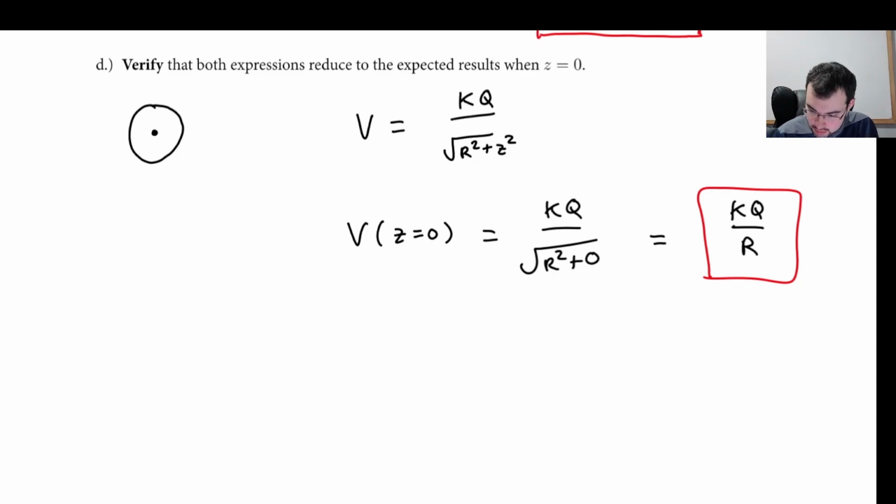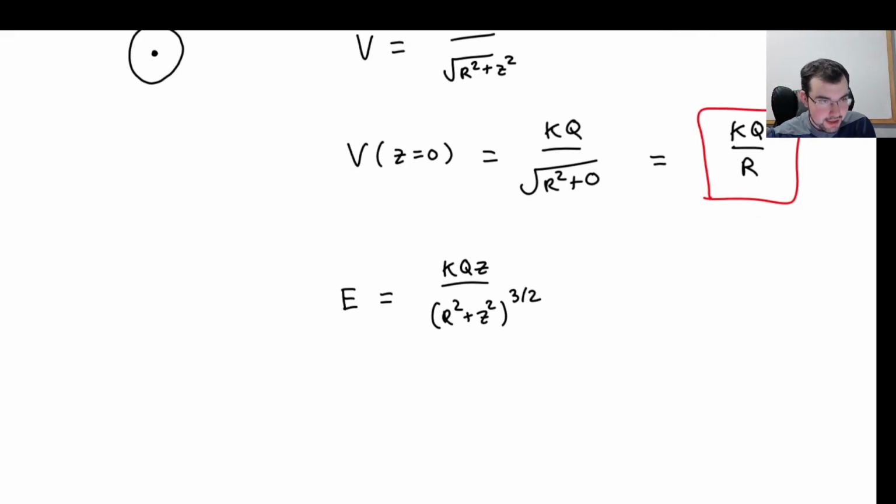And then we'll see that E works the same way, because we said that E was equal to kqz divided by (r squared plus z squared) to the 3/2. And this is an even easier check. If I'm at the center of a ring, or center of a circle, I'm getting pushed equally in all directions, so it better be 0.